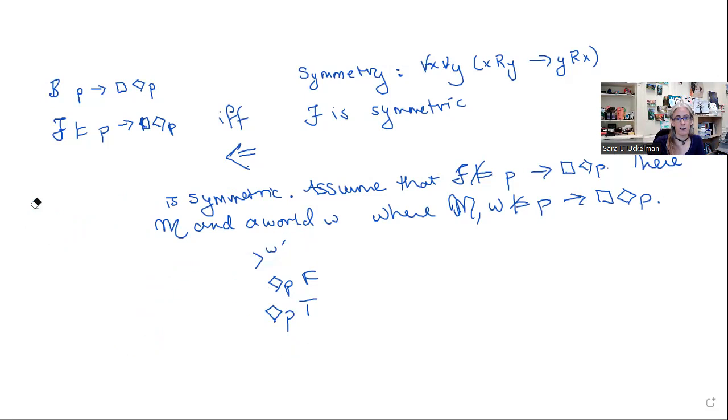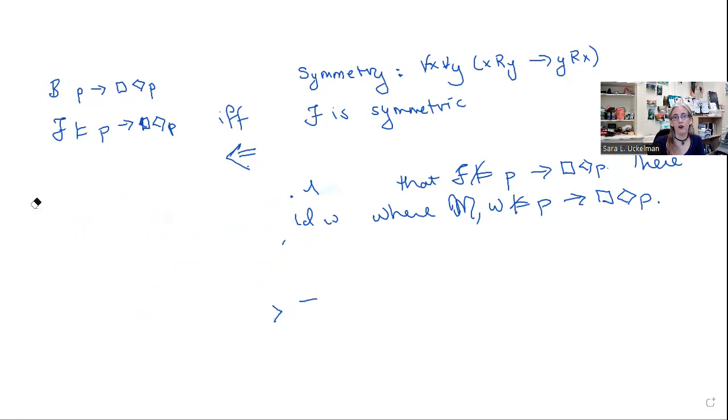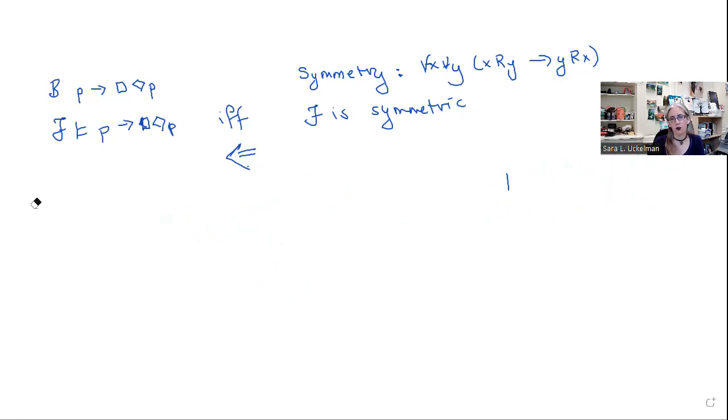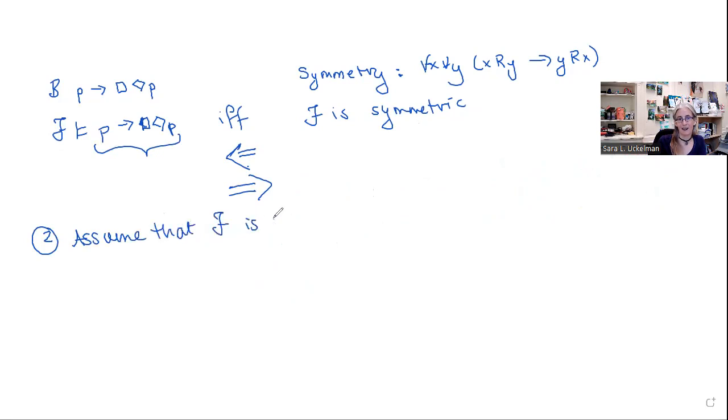Let's erase this so that I've got a bit of space in order to do the other direction. This is the direction that is a little bit harder, but we've seen these proofs often enough that hopefully they are beginning to become somewhat second nature. So now we're going to assume that we have a frame that validates this axiom, and then we need to show that it is symmetric. As usual, we'll do this contrapositively. So we're going to take a frame that is not symmetric.